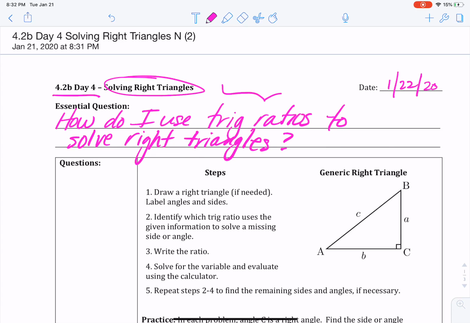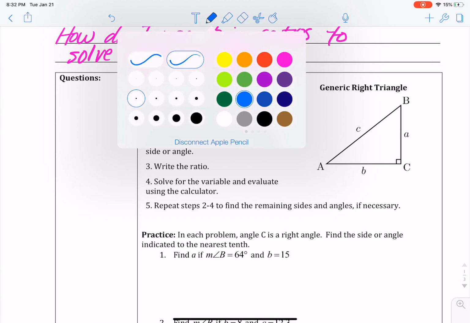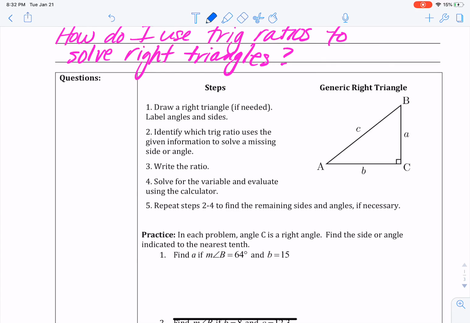Remember that trig ratios, that's SOHCAHTOA. So we're using the same steps that we've been using. Draw the triangle if we need to. Make sure that we label the angles where C is always the right angle and the sides are opposite that.